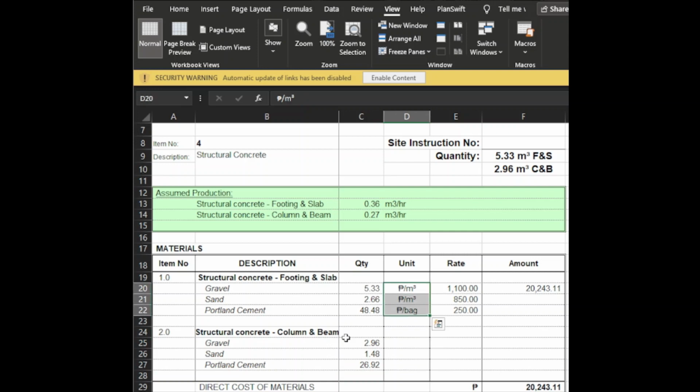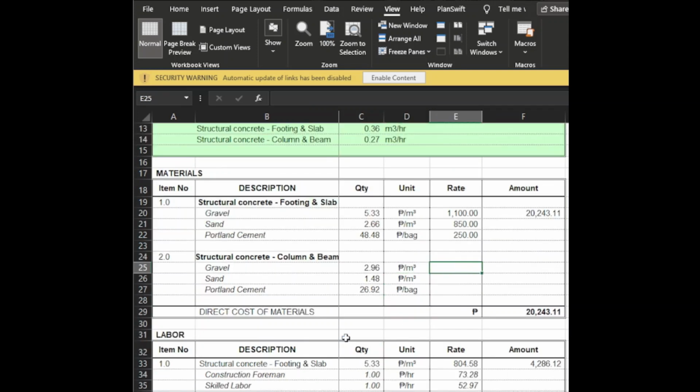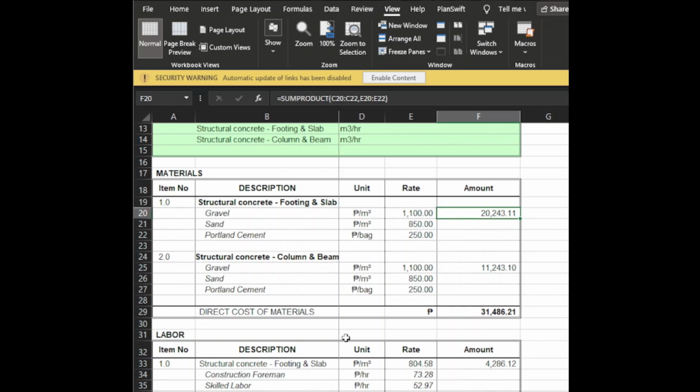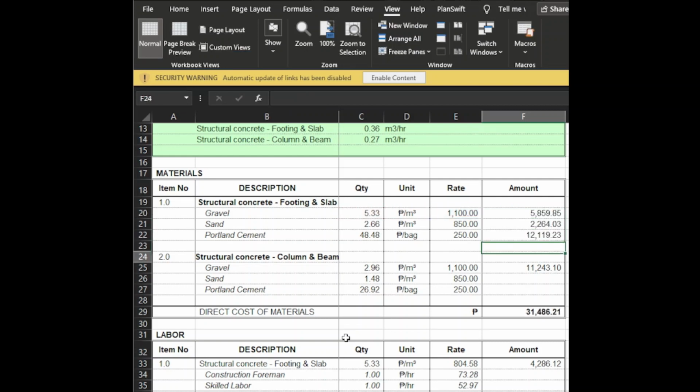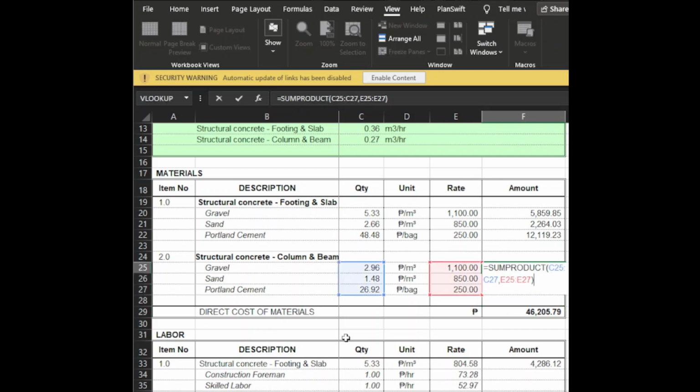So we have the same units and also this amount. Okay, wait. So no need for that formula, we will just multiply this one times the quantity like this. Okay, that is the amount total 46. Wait, might become 46,000.